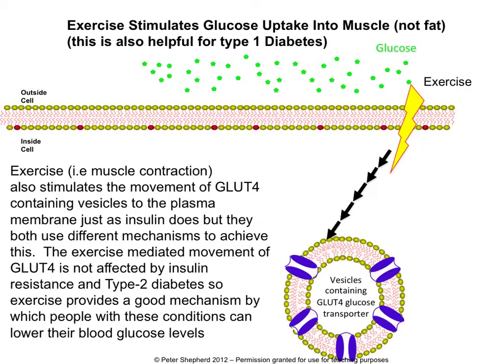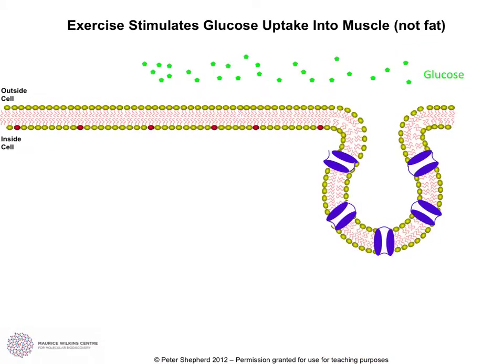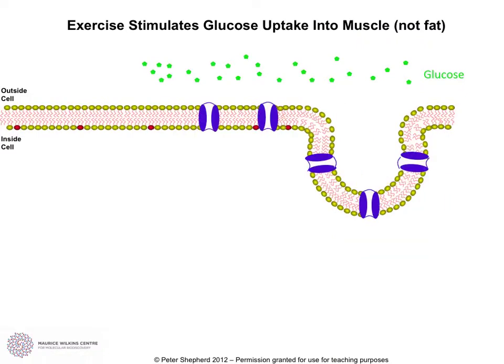Let's just have another look, and we'll flick through and see that process happening. So exercise stimulates this vesicle that contains these GLUT4 transporter proteins. And now we can see that the vesicle is undergoing this process of exocytosis, so it's traveling up to the cell membrane and taking these GLUT4 transporter proteins with it.